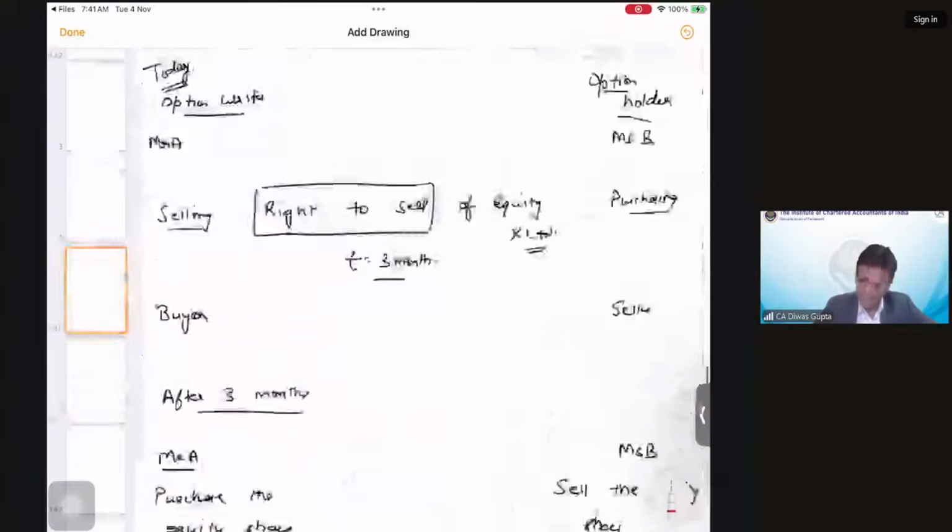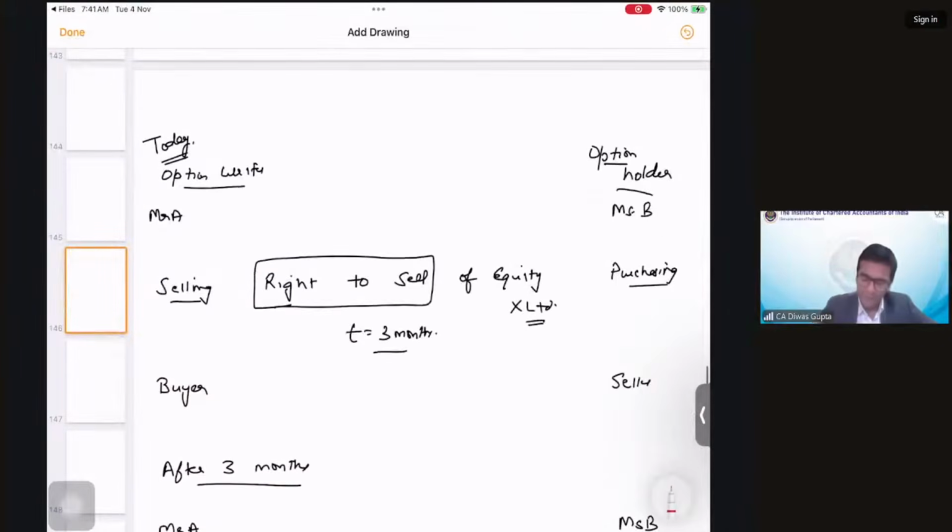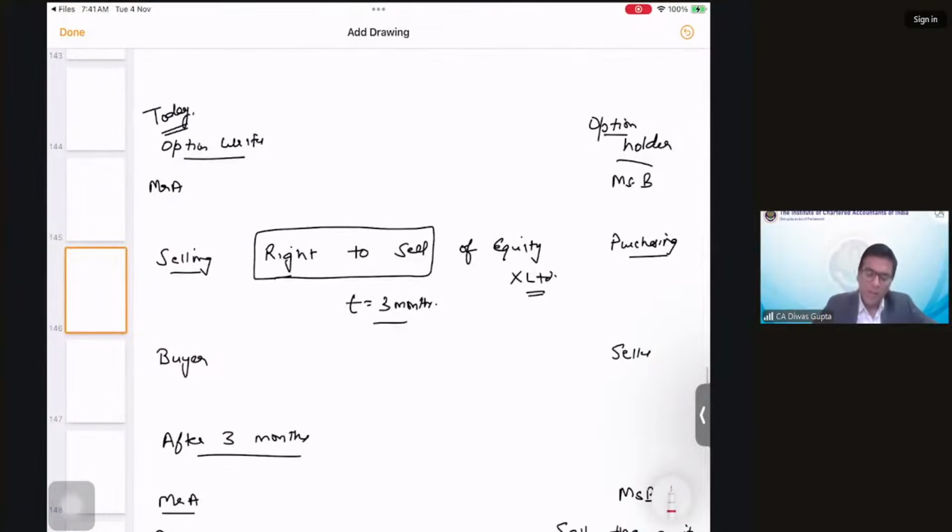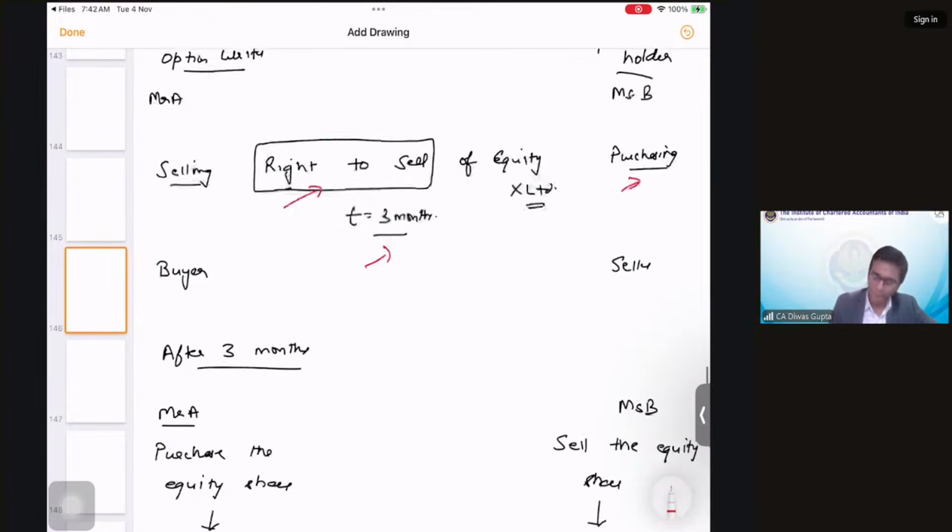So let me come over here. Today, from an option writer perspective, the right to sell of equity share after 3 months, the option holder will be purchasing that option, right? That option of right to sell.